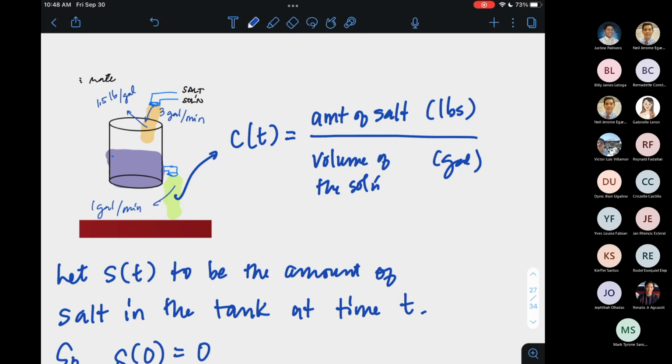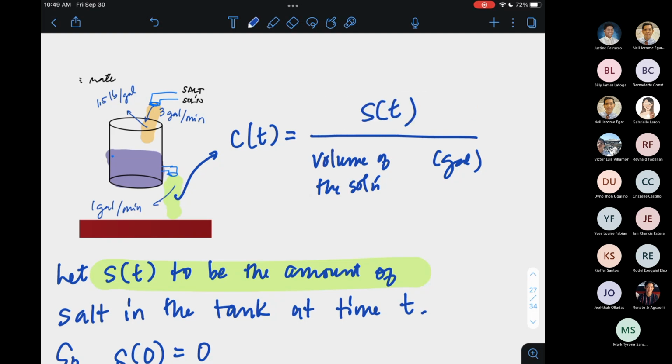So, yung concentration ng salt na lumalabas is the amount of salt at the particular time kung kailan lumalabas yung solution, divided by the volume of the solution in the tank at that particular time, t. Alright? So, ano ba yung amount ng salt at a particular time, t? Well, nilet natin siya to be our S of t. So, ito yung S of t.